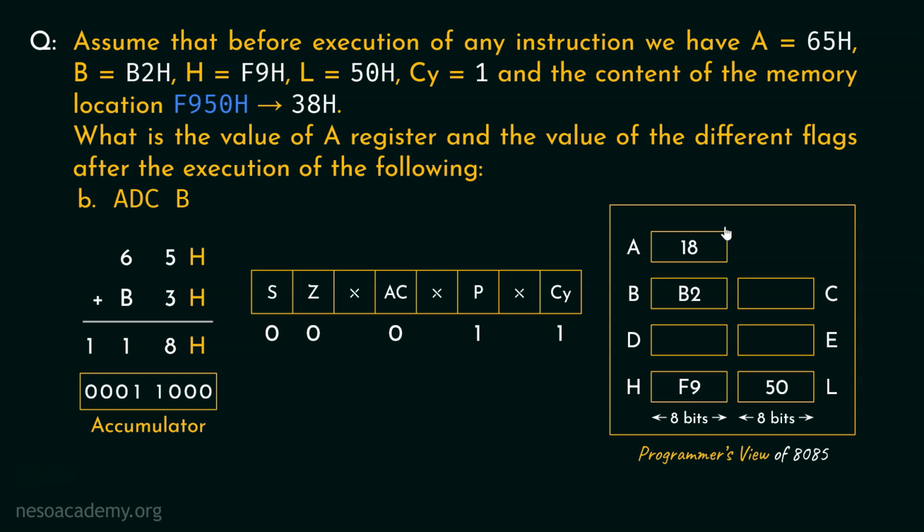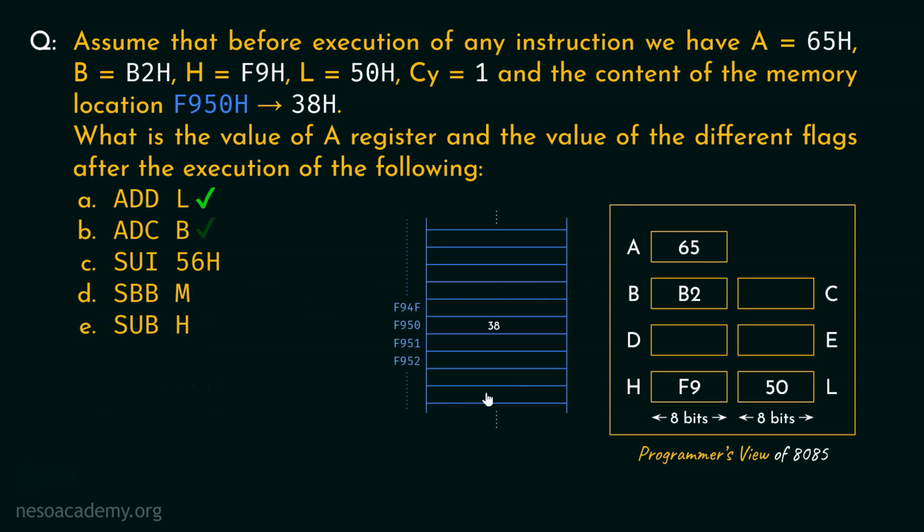So if inside the accumulator initially we have 65H, within the B register we have got the value B2H, and if the carry is initially set to 1, after the execution of the instruction ADC B, within the accumulator we will have the value 18, and in the flags register, only the carry and the parity flags will be set. So we are done with the execution of ADC B.